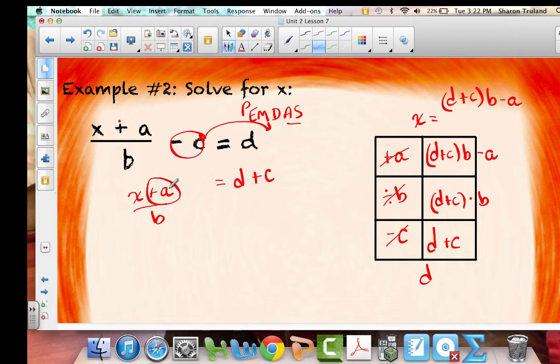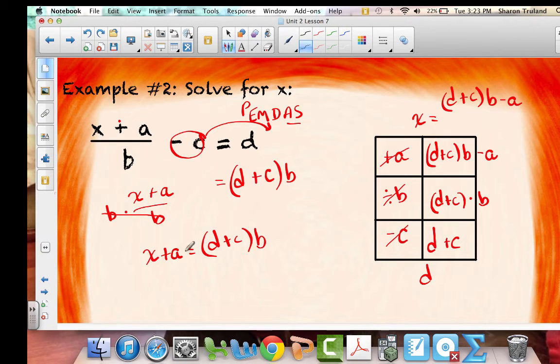I did an x plus a, then I divided by b, so I have to go backwards. So what I really have to do is multiply by the b first. Last step, inverse operation. We plus an a, so the inverse of that is minusing an a. And as you can see, we get the same exact answers, whether we like our chart or we like traditional method.